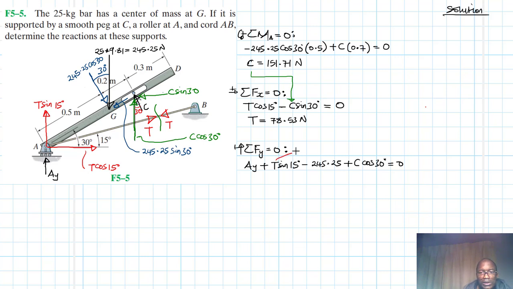We have T, which we just found as 78.53, and C, which we just found as 151.71.